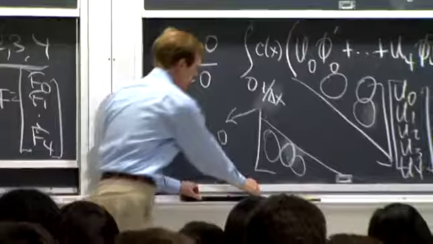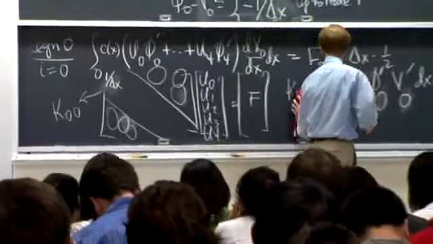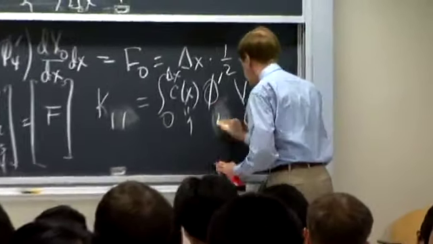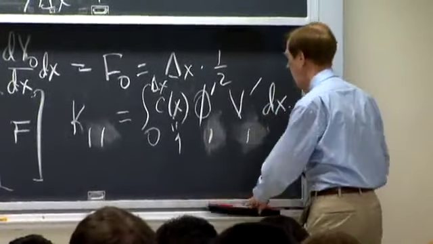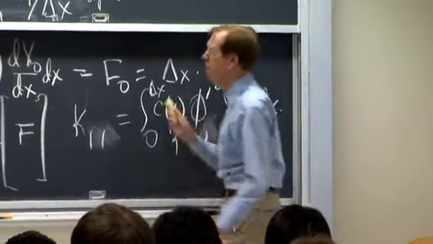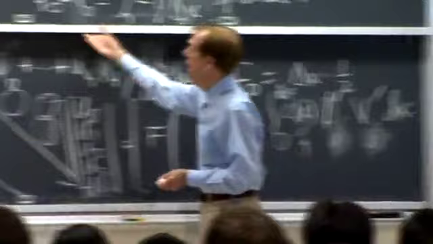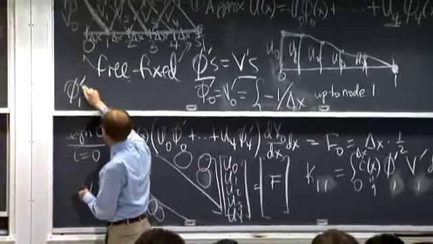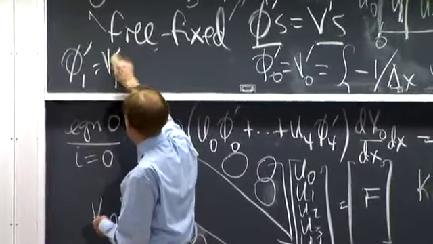Okay, how about doing k11 for me? So again, now these will be the same guys. It's a square. Now it's the integral of phi1 prime against v1 prime. They're the same. And what is phi1 prime, which is the same as v1 prime?